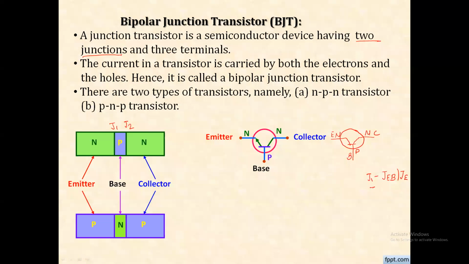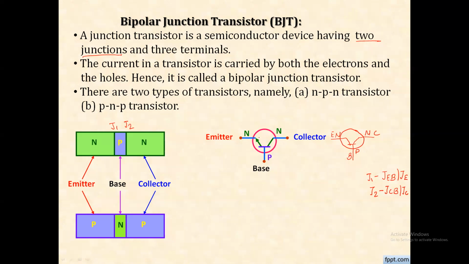And the junction between collector and base is called the collector to base junction or simply collector junction. Get it, my point? It means that two depletion layers are present. One layer is present between emitter and base, and another layer is present between collector and base. So these are the symbol of an NPN type of transistor.